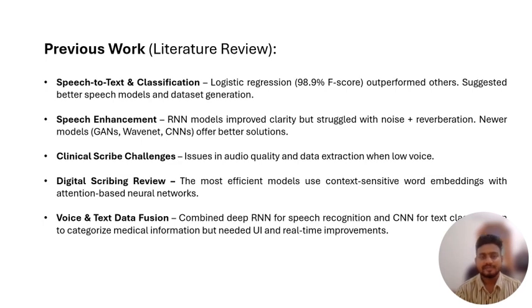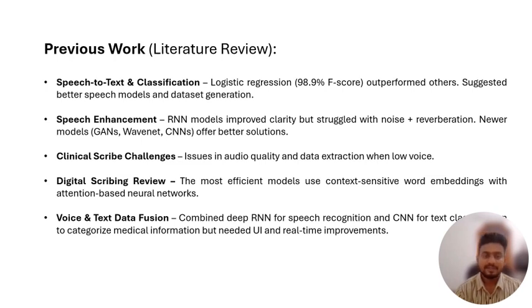The fourth one is a digital scribing review. A review of a digital scribe system showed that the best performing one used context sensitive word embedding and attention based neural network. It also highlighted many commercial models are not publicly available, showing a gap between open and accessible research.